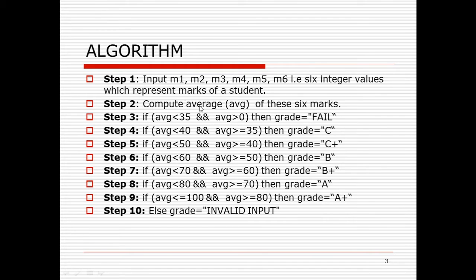Since there are decision predicates, you can have different basis paths for that, so basis path checking can be done on this problem. There are 6 subjects, so 6 integer values represent the marks of the students, and according to the criteria that we have discussed, the grades are assigned. Otherwise, it is considered to be an invalid input.